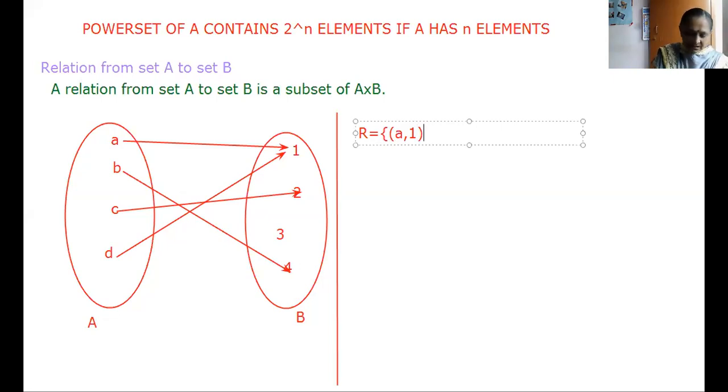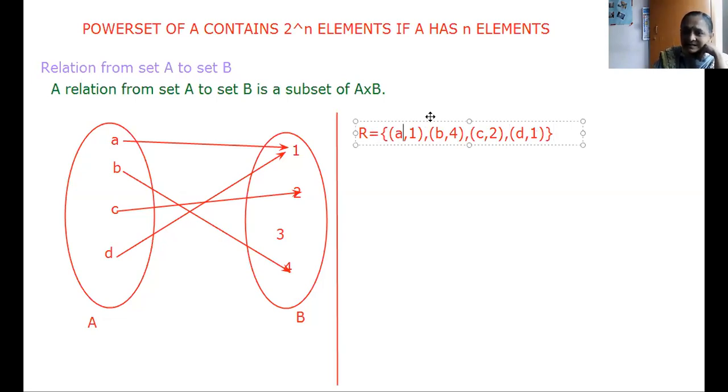Then the ordered pair (b, 4). Then the ordered pair (c, 2). So both ways I am showing, diagrammatically and in set notation. Then the round bracket (d, 1) and close the bracket.